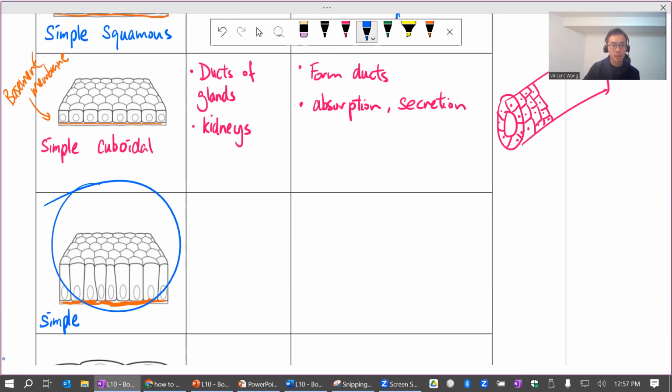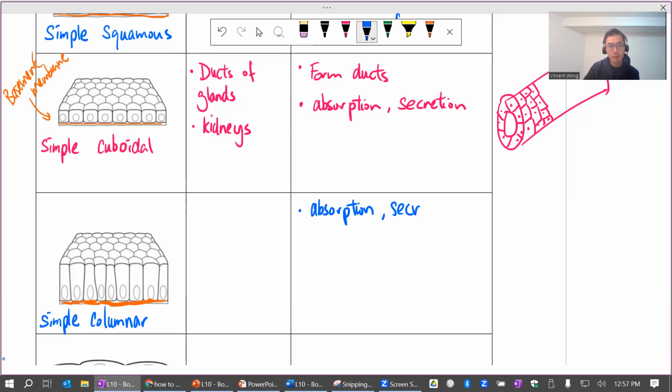So what's this one? Simple what? Simple columnar. They are also for absorption, secretion, and protection.